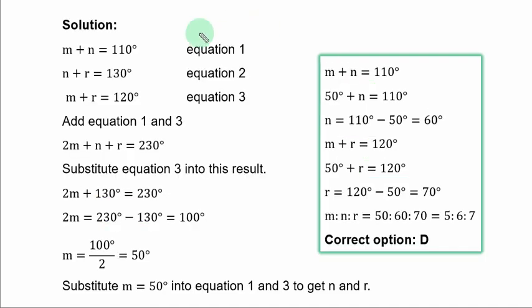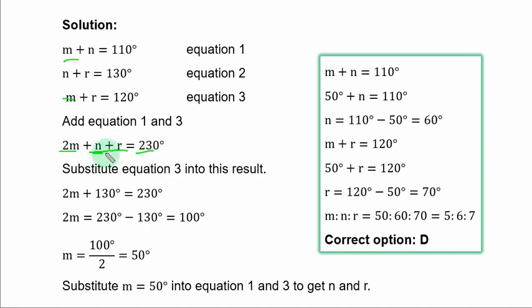Solution continue. If you observe very well, you see that the addition of equation 1 and 3 can produce equation 2. So you add equation 1 and 3 side by side. So you take M plus M is 2M, then N plus arrow in this form, 110 plus 120, you have 230 degrees.